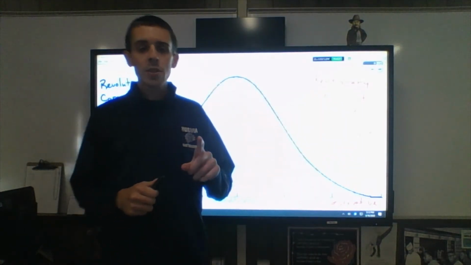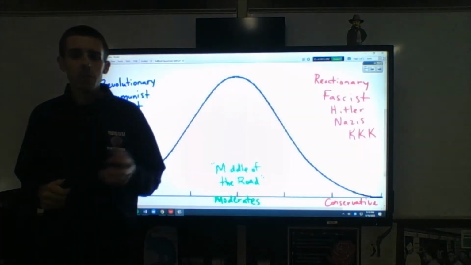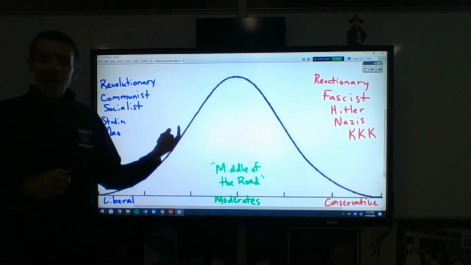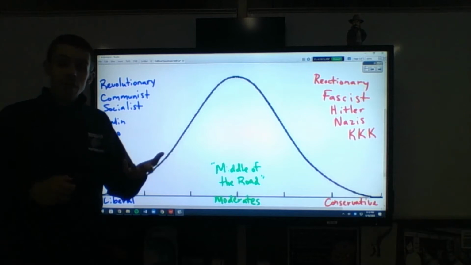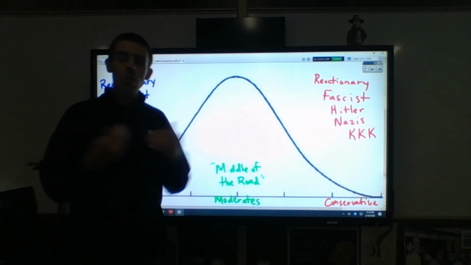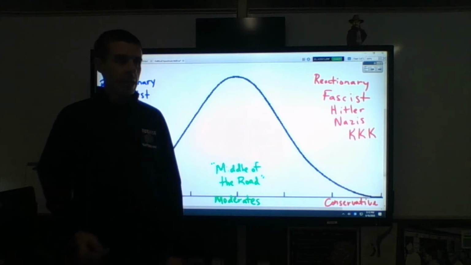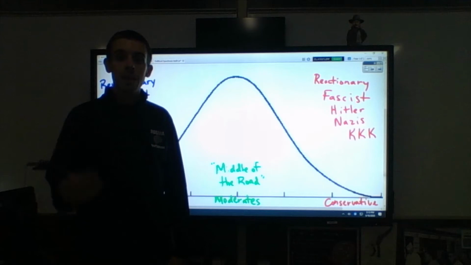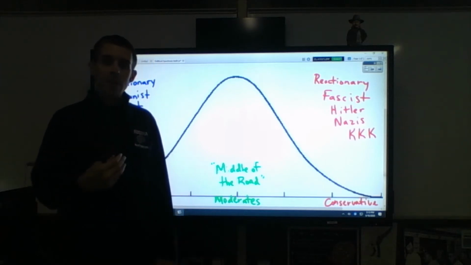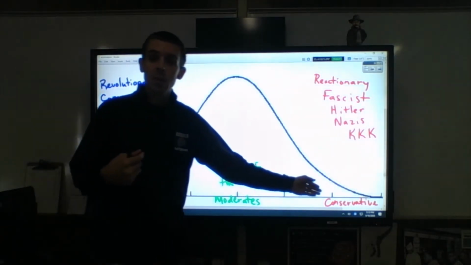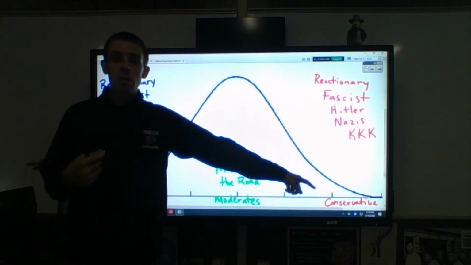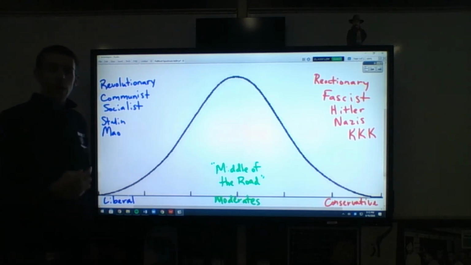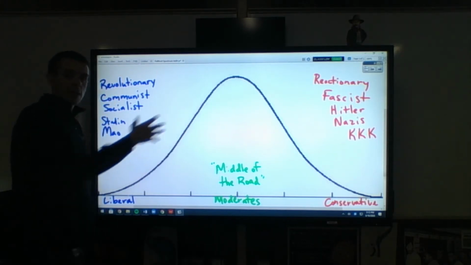Now, one thing to mention about this, we've got just a couple more things to add, and then we'll be wrapped up. Occasionally this line tends to shift one way or the other. This bell curve is based on the population. Where does the population in America live in terms of their politics? Sometimes a majority of Americans are more conservative. We have more conservative decades. Sometimes we have more liberal decades where the population pulls this way a little bit.